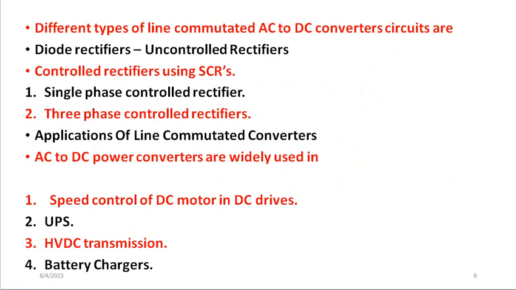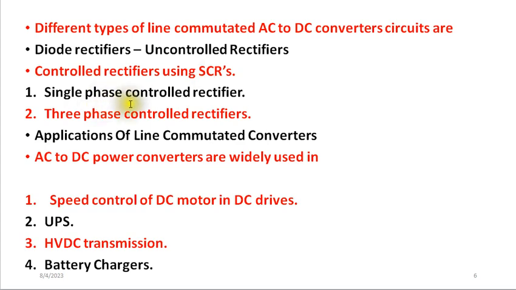And we have different types of line commutated AC to DC converter circuits, which include the diode rectifiers. These are uncontrolled. I have explained why they are called so. And we have controlled ones, the ones that use silicon controlled rectifiers, that's thyristors.